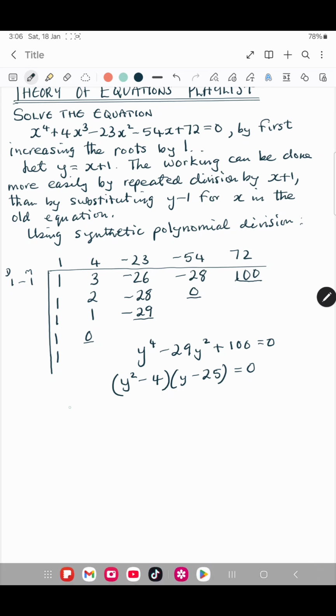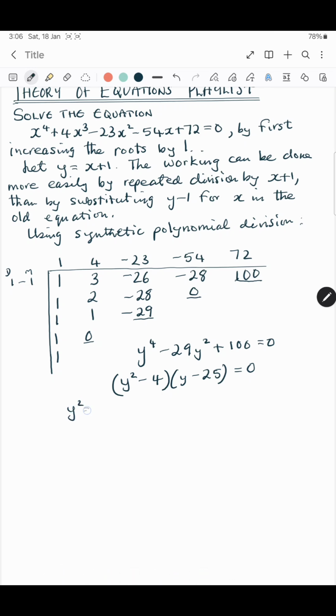And so y squared is 4, which gives us y equal to minus 2 and 2. And the other bit, y squared is 25, so it gives us y equals minus 5 and plus 5.